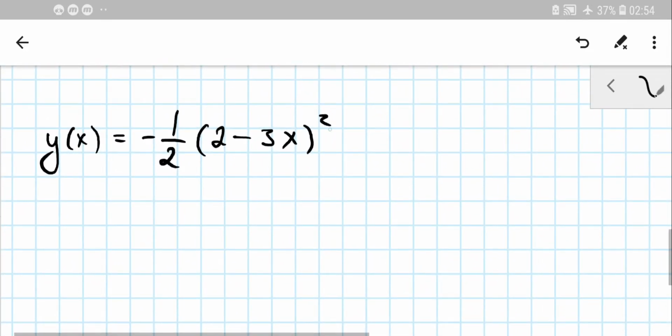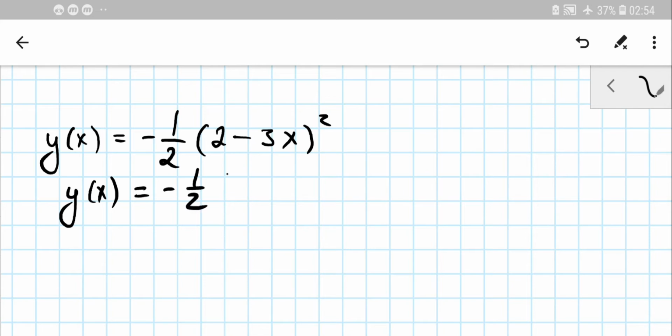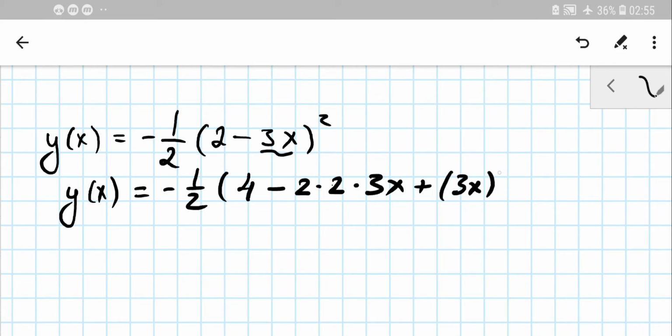So we have a fraction, so just simply expand it. Negative 1 over 2, then we raise to the power of 2, it's 4, then negative, here is the double product, 2 times... okay, in this case I'll write in detail. And finally we need to add 3x squared, which should be 9x squared, but I'll write it like this for a while.